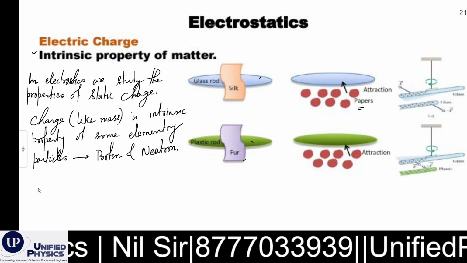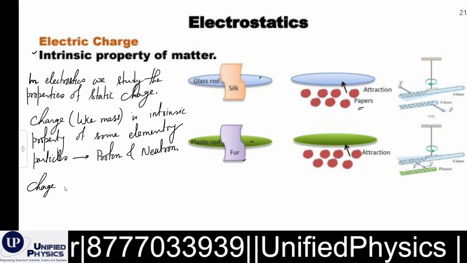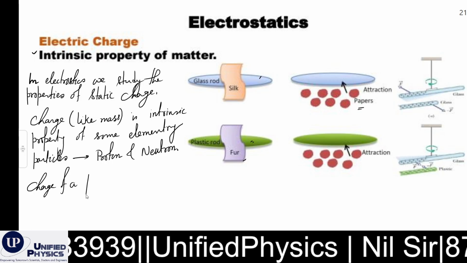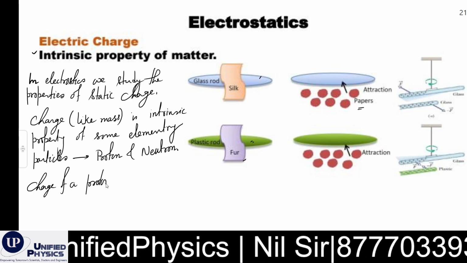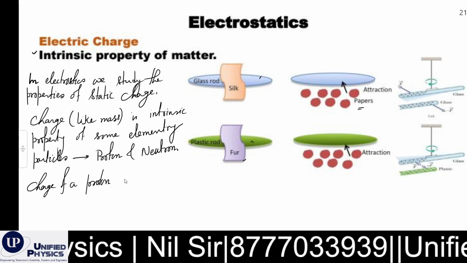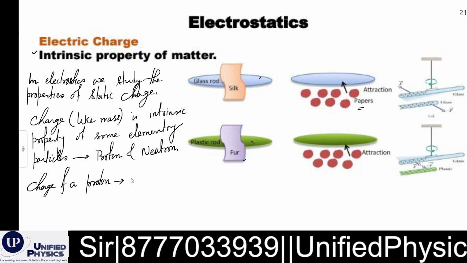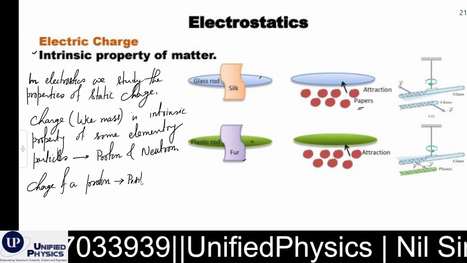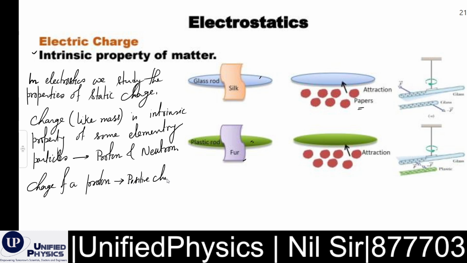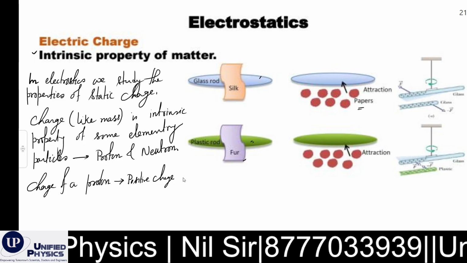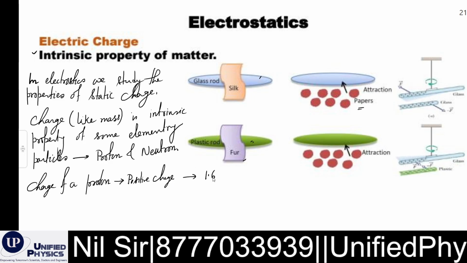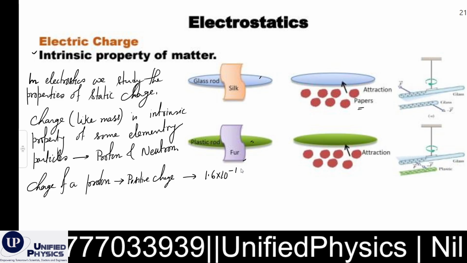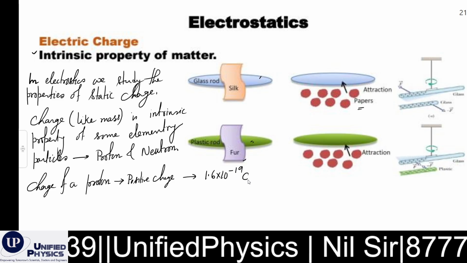So charge of a proton, we can say, is named as positive charge, and this is nothing but 1.6 into 10 to the power minus 19 coulomb.